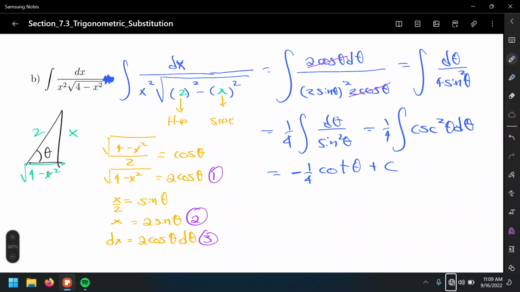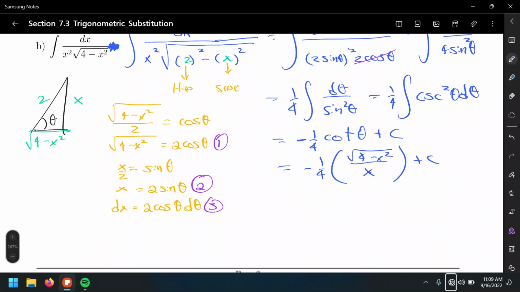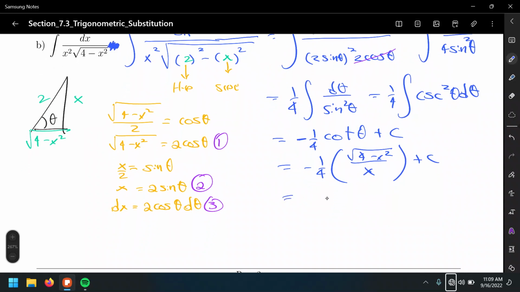Cotangent is adjacent over opposite. Adjacent, which is the radical, over opposite, which is x, plus c. Let's get rid of this parentheses. So that's the square root of 4 minus x squared divided by 4x, but don't forget the negative, plus c. And we're done with this one.